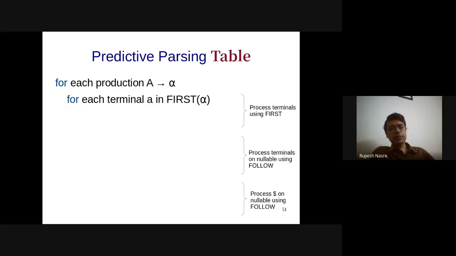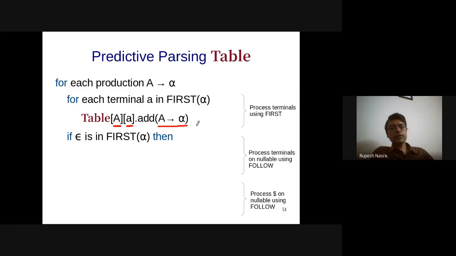For each terminal a in the first of alpha, that is the processing of terminals using first, in the table, which is the same predictive parsing table that we have, for this non-terminal on this terminal, I am going to add A deriving alpha, because first of alpha contains small a. Similarly, this is for the nullable: if epsilon is in the first of alpha, then what should you do? You have to worry about the follow set. Follow set of whom?